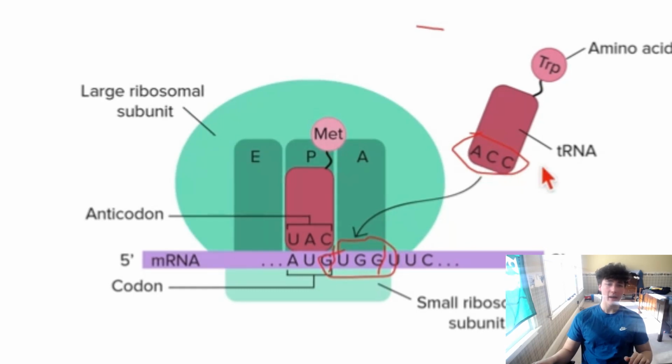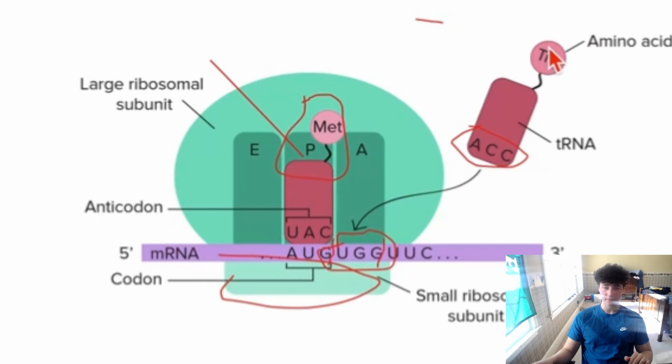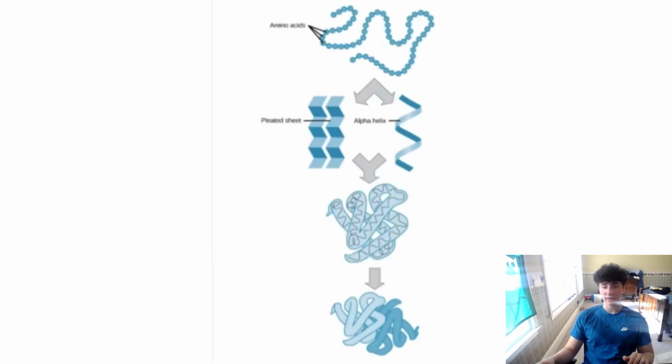So the opposite of what codes for this amino acid is this. And the way the tRNA gets its amino acid is there's an enzyme called aminoacyl tRNA synthetase. This is just going to add the correct amino acid from the cytoplasm onto the tRNA.